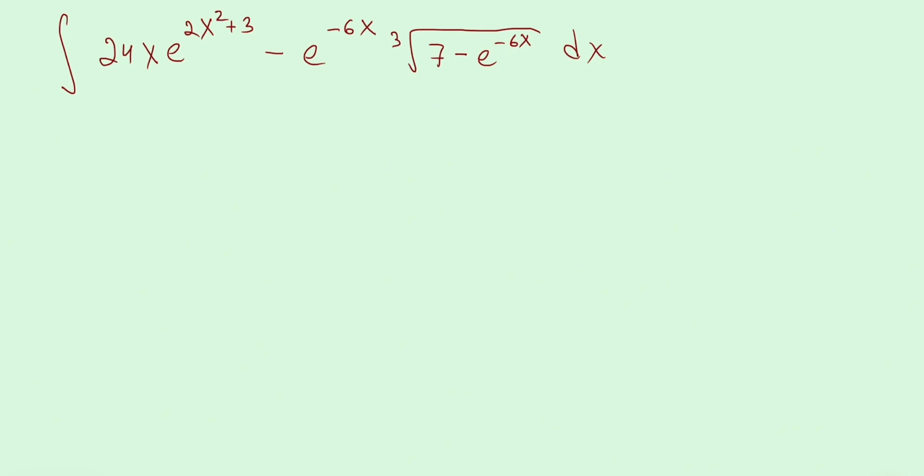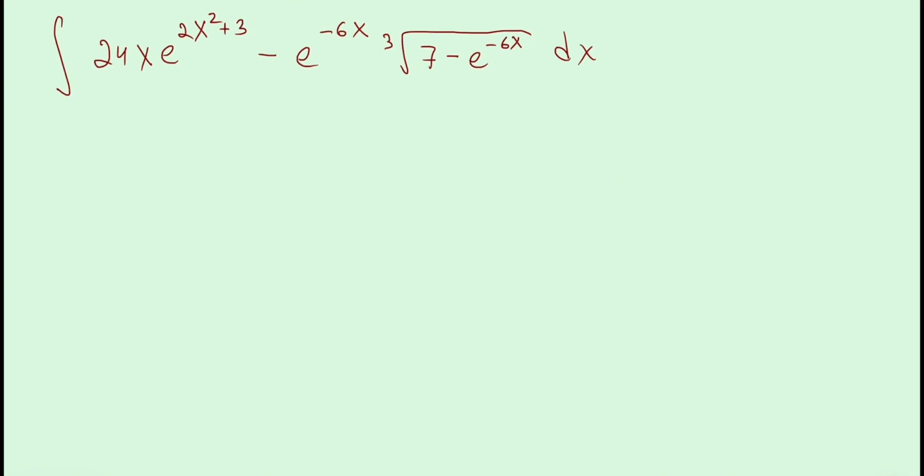In this example, we're integrating 24x times e to the 2x squared plus 3 minus e to the negative 6x times the cubed root of 7 minus e to the negative 6x dx. Now this looks quite complicated, but it's not hard to solve. What we could do is we see that there are two functions here, and we're finding the difference between those functions.